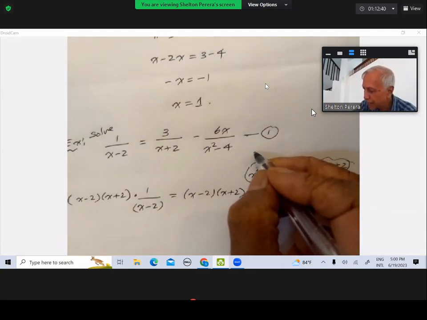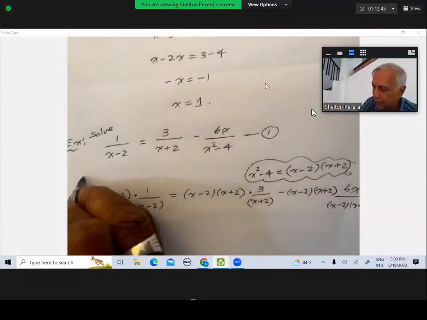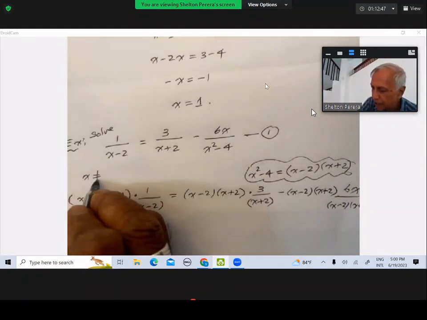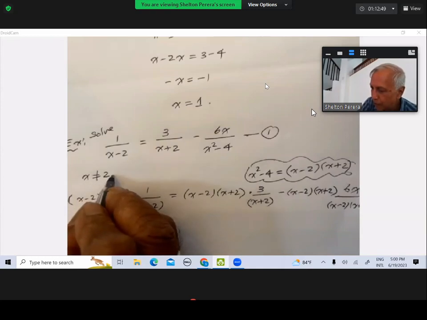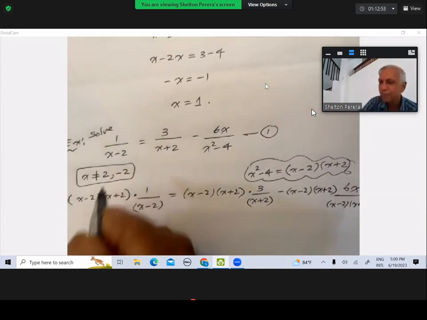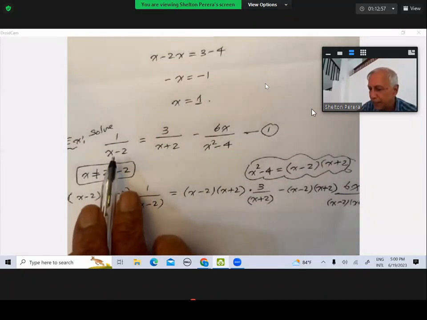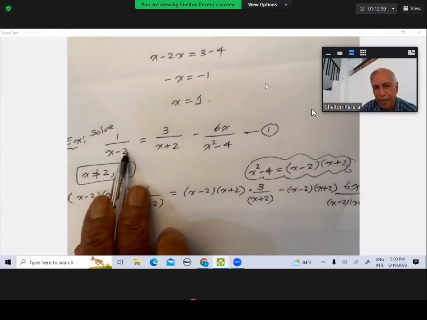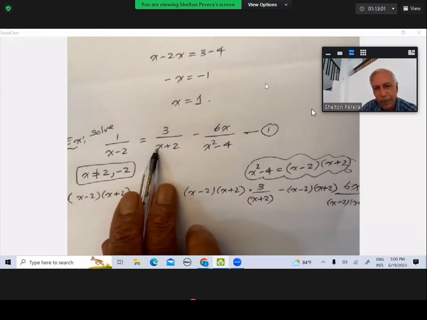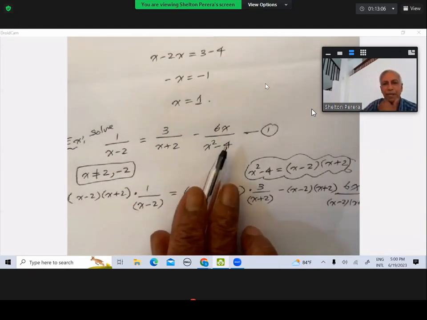So before we go here, we have to say x is not equal to plus 2 or minus 2, or the other way around, doesn't matter. X cannot be one of these two values because if x is 2, this is undefined. If x is minus 2, this is undefined. For those values, this is also undefined.